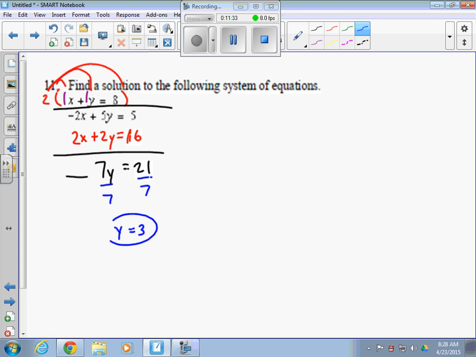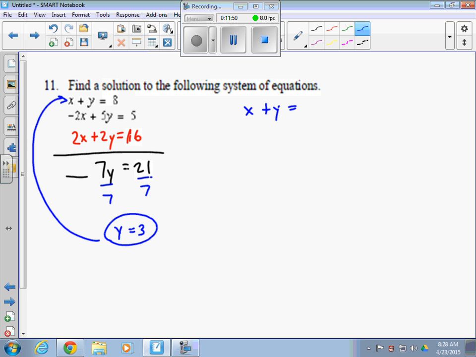Now once you have one value, plug it back in, or sub it back in, to one of the first equations. Remember, usually the first equations are the easier ones. The very first one seems the simplest to me. x plus y equals 8, where y's value is now our new value, x plus 3 equals 8.